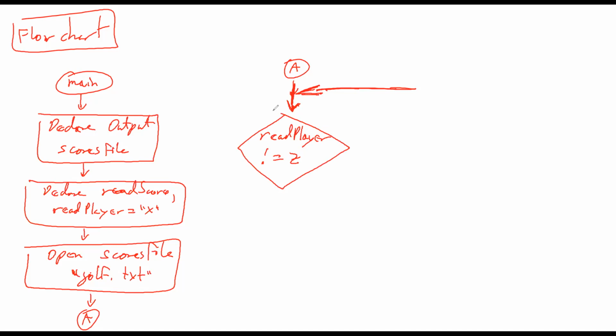Okay. All right. So now, if this is false, then we're done, right? We got all the values that we wanted, and so we can just close. We're done. Scores file.